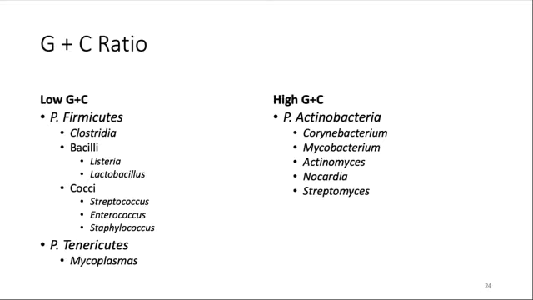So the G+C ratio refers to the sum of guanine and cytosine compared to that of the entire nucleotide content, times 100%.